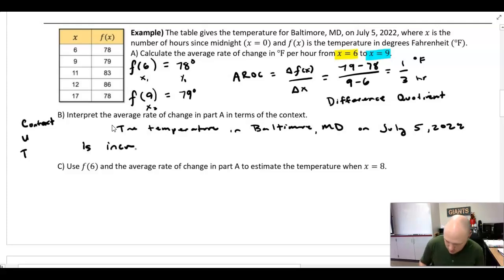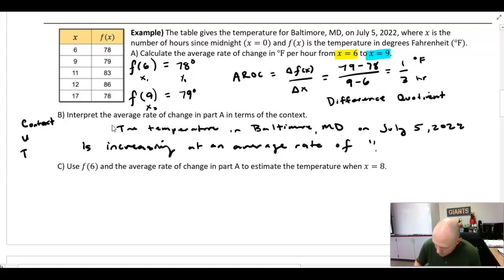You want to use a directional word. So we're increasing at an average rate of 1/3. And the U in my CUT acronym stands for units. Always make sure you include the units. So here 1/3 degree Fahrenheit per hour.